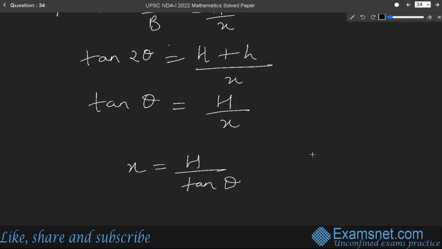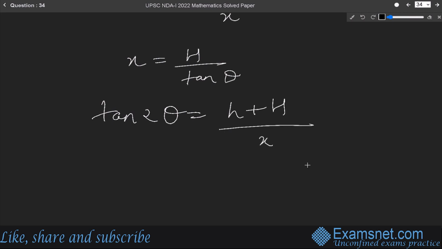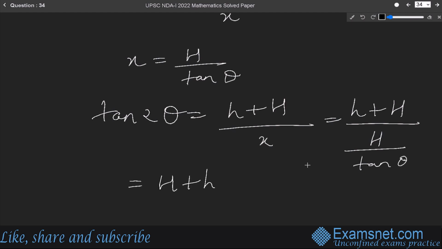Now putting the value of x in the second term, tan 2 theta is equal to h plus h upon x. So when I keep the value of x, I get h plus h upon h by tan theta, which will be equal to h plus h into tan theta upon h.